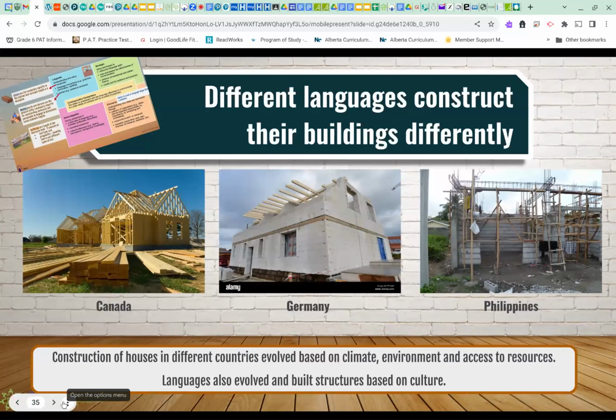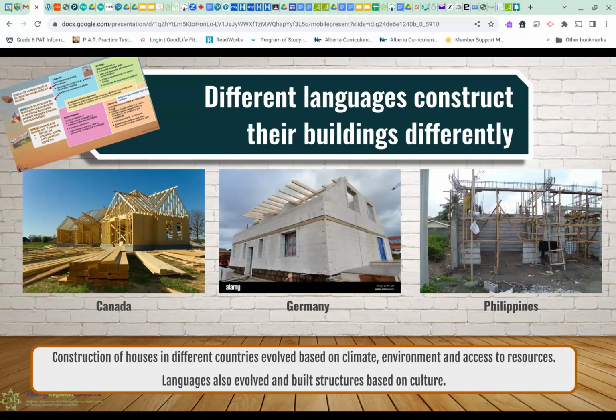And then thinking about our different languages and that they construct their buildings differently. So, we're thinking about how we build a house in Canada, right? We build it kind of with wood and things like that, to fulfill that purpose.